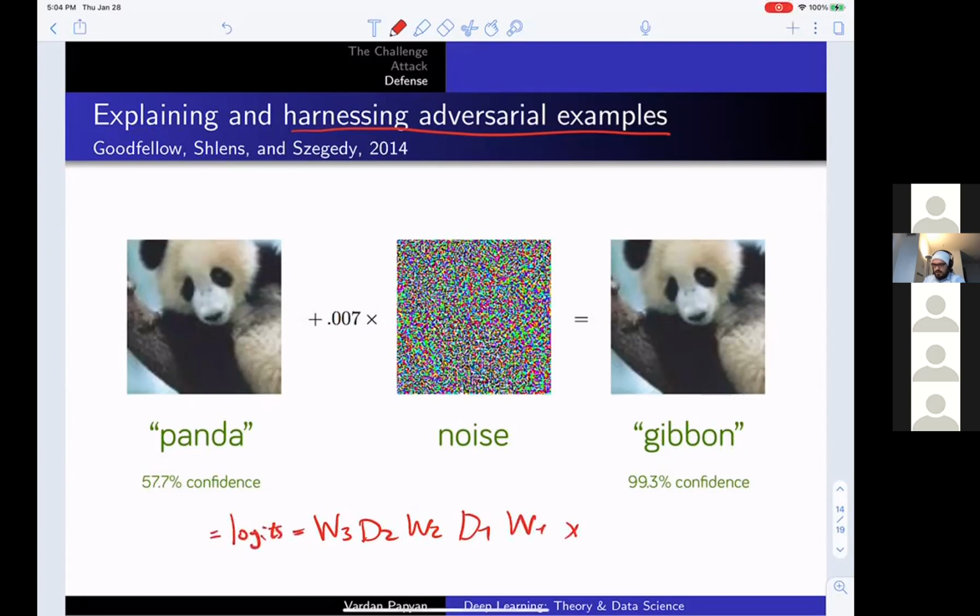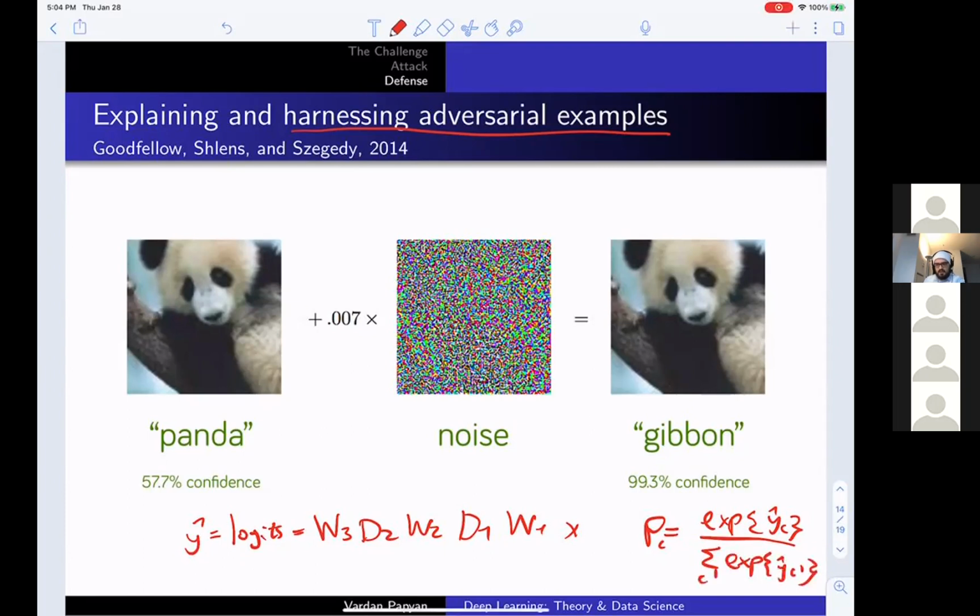Let's denote them by Y hat, right? So the way the cross entropy loss works is you calculate softmax probabilities P. So P at place C is equal to the exponent of Y hat at place C divided by the sum of the exponents of Y hat at place C prime, summed over C prime.